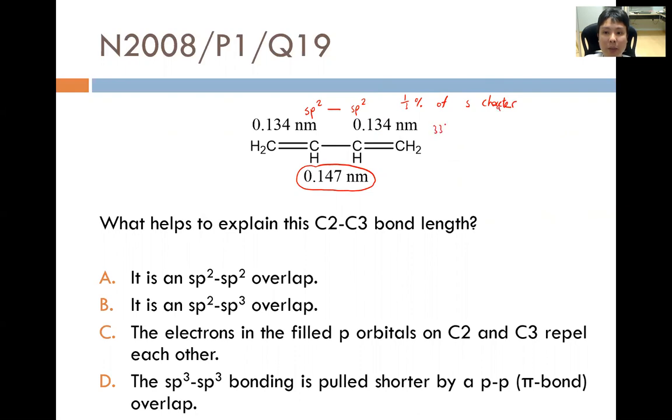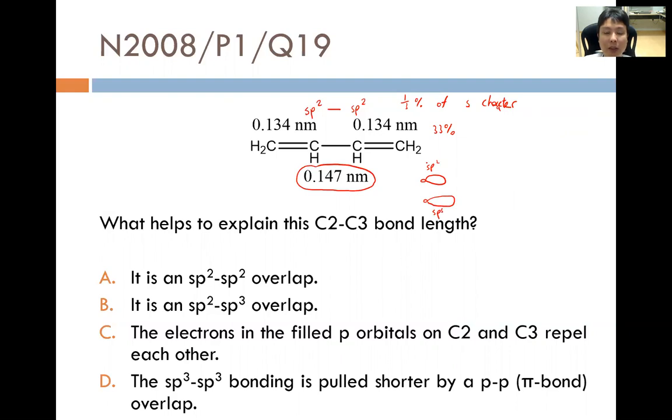And this is 33%, which means that the 33% s character in the sp2 orbital is closer towards the nucleus. So what it means is that the sp2 orbital is shorter as compared to the sp3 orbital, because this is 33% s character.